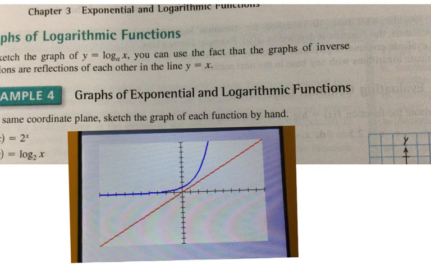So what they want you to know is, if you know what 2 to the x looks like, and you know that inverse functions are just reflections over the line y equals x, then this graph, log base 2 of x, would just be a reflection over this line. So it's going to be here, just going the opposite way, like that. Imagine flipping it over that line, y equals x.